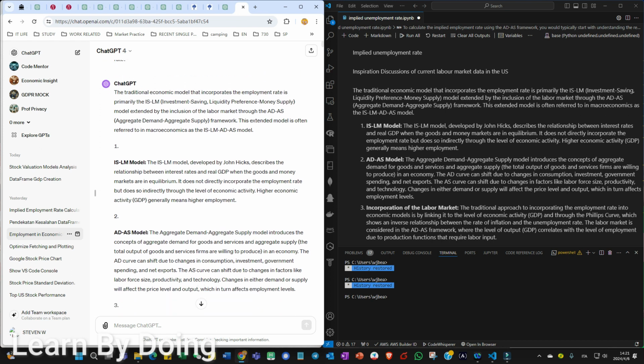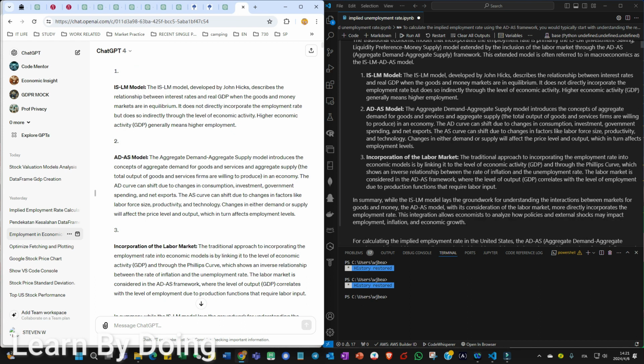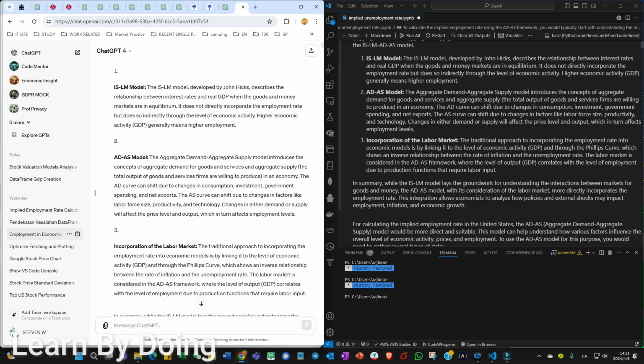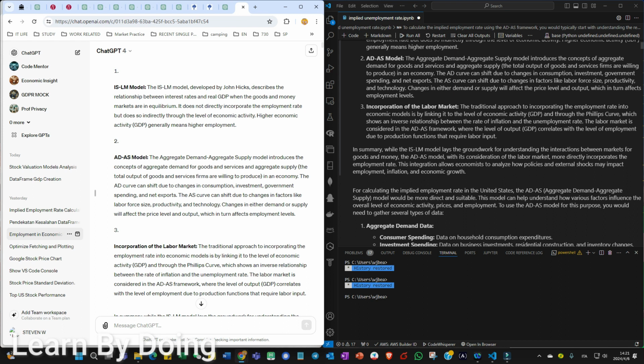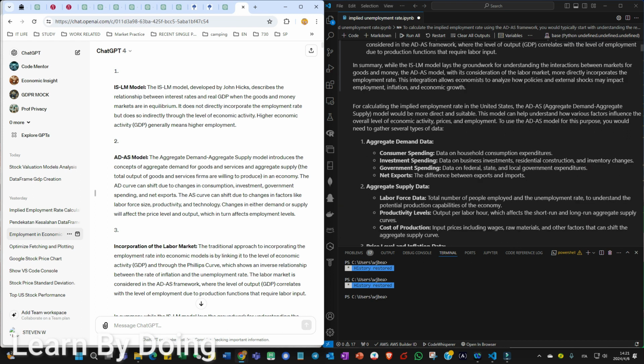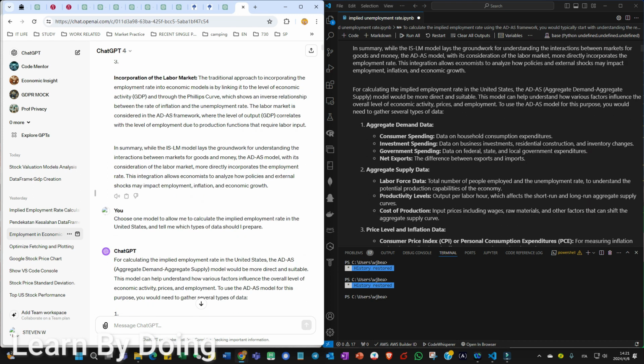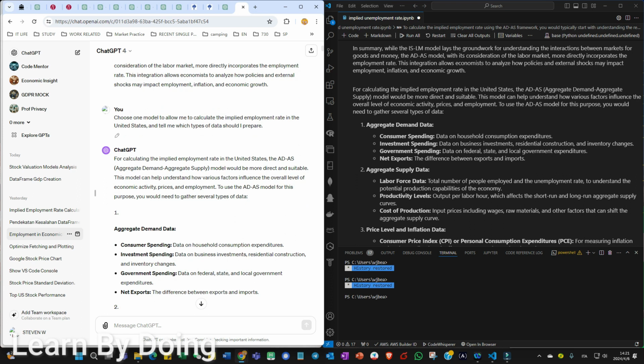So GPT actually gave me a lot of models. I'm not going to go through every one in detail. Then I asked it to choose one model to allow me to calculate the implied employment rate in the United States, and to tell me which type of data I should prepare.